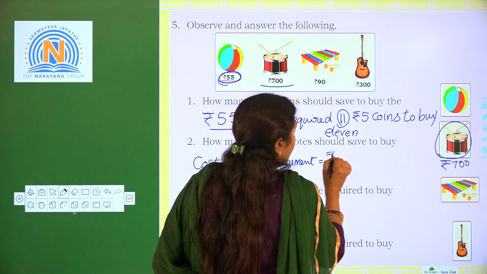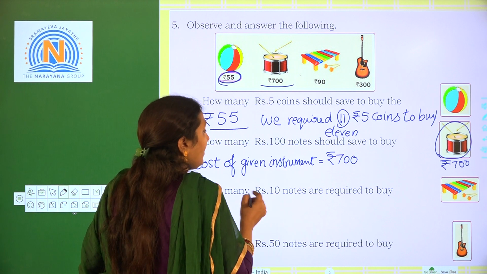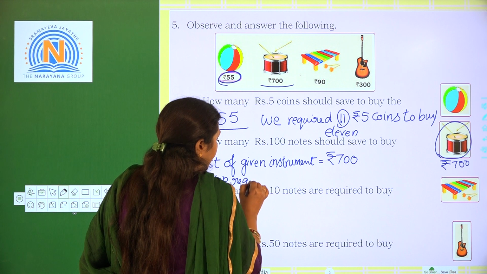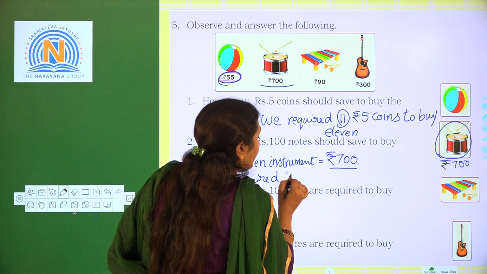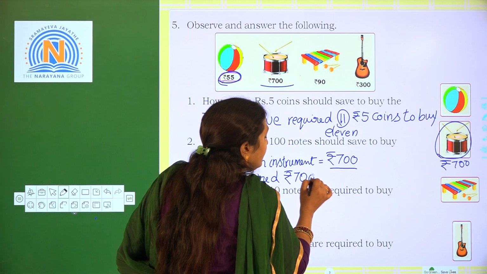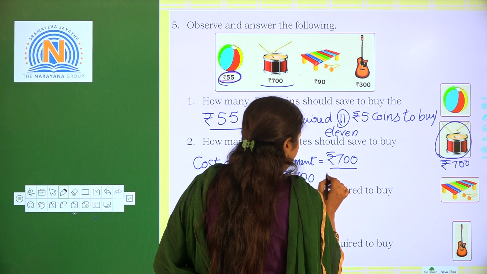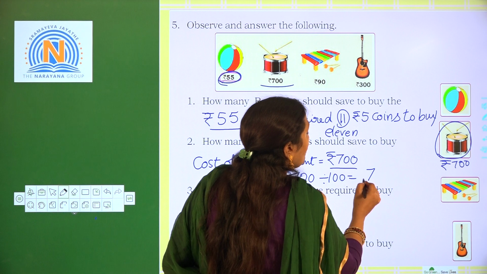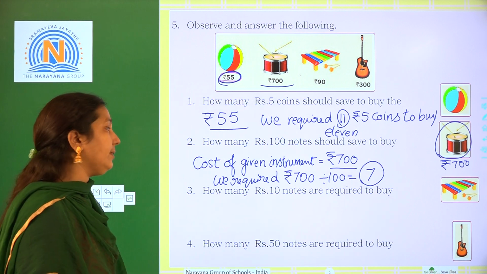How many hundreds are there in 700, children? There are 7 hundred rupee notes.